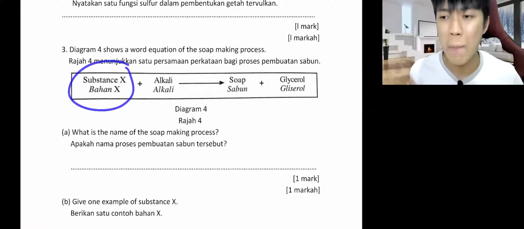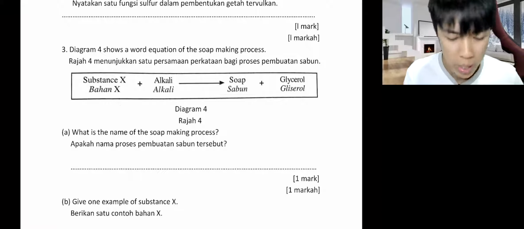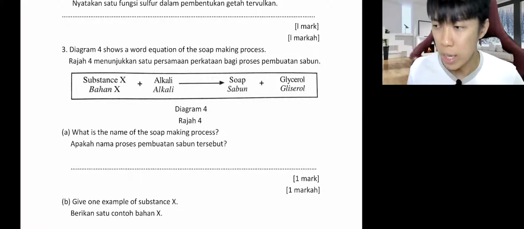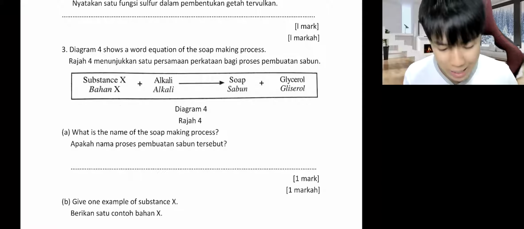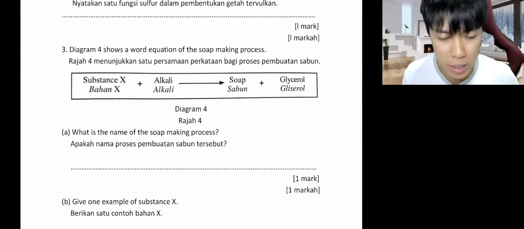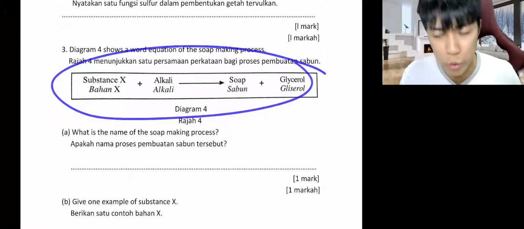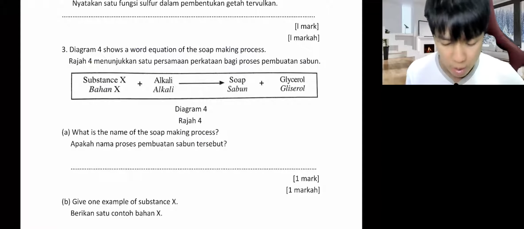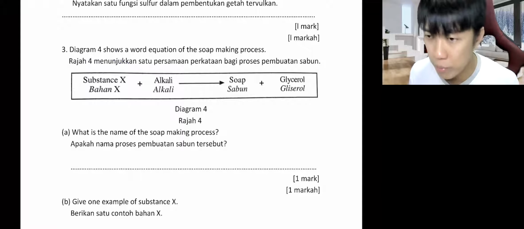Remember, it's always plant oil. It can be palm oil, olive oil, coconut oil, definitely plant oil. But because your syllabus goes straight into this after the palm oil topic, we will use palm oil. Hence X will be palm oil.